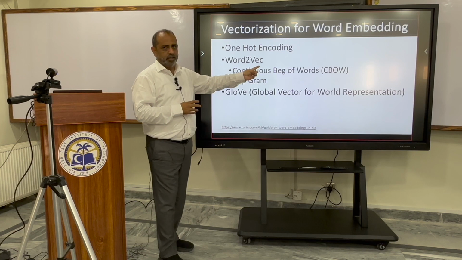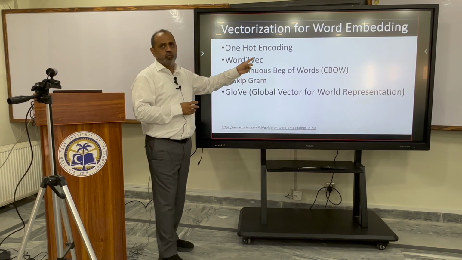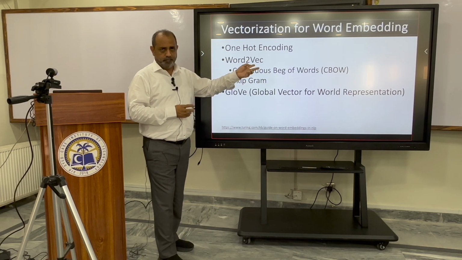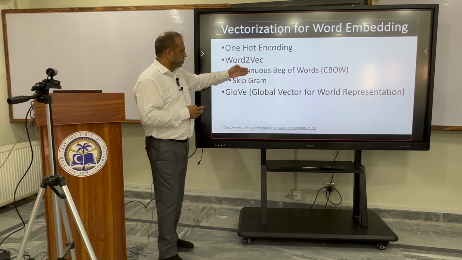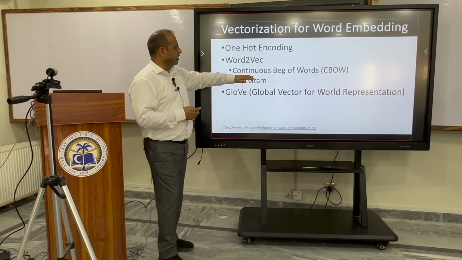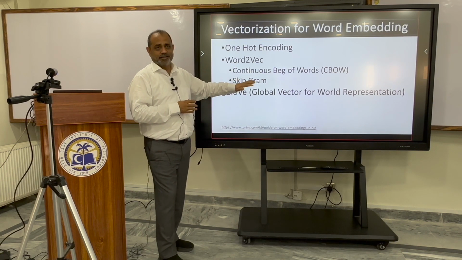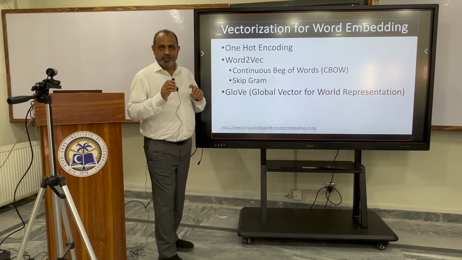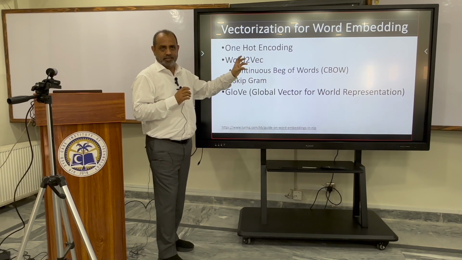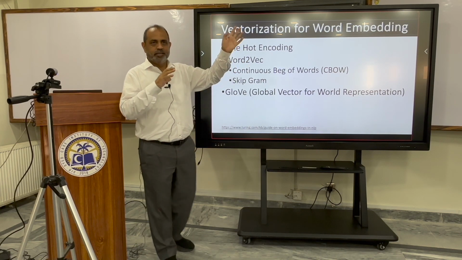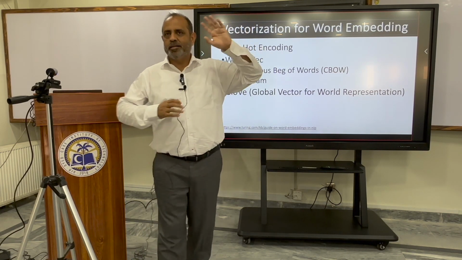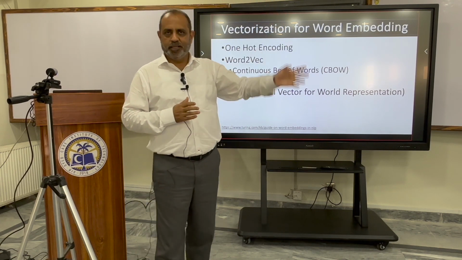Then there is a very interesting utility called word2vec, which uses two techniques: continuous bag of words and skip-gram. Both are very interesting, and as I mentioned, this is where the magic is, done way back in 2015, 2016.